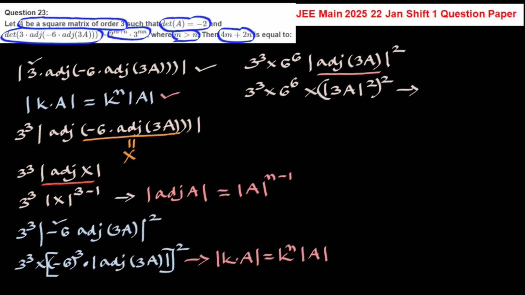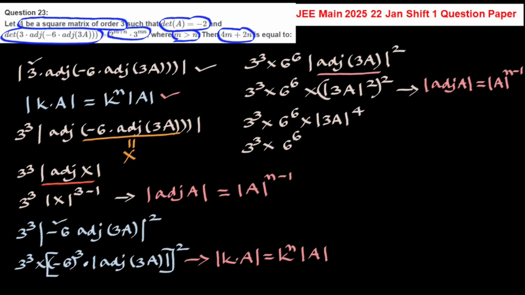Here we have used determinant of adjoint of A equals determinant of A to the power n minus 1, where n is its order. 3 cube into 6 raised to 6 into determinant 3A to the power 4. 3 cube into 6 raised to 6 into determinant of 3A to the power 4 will be 3 cube into determinant of A to the power 4.